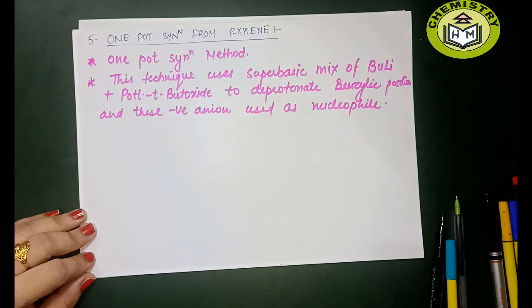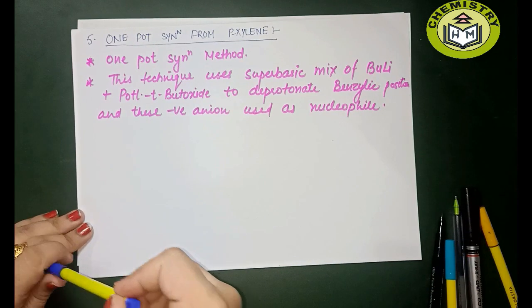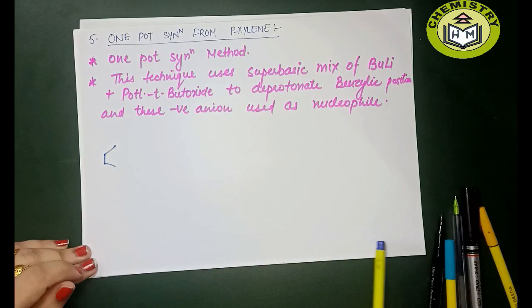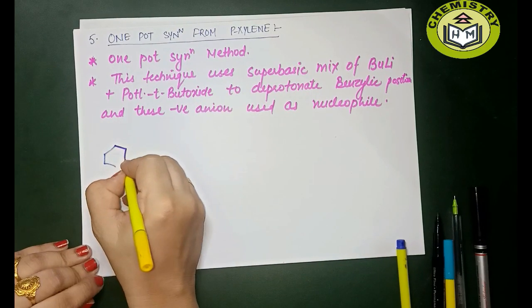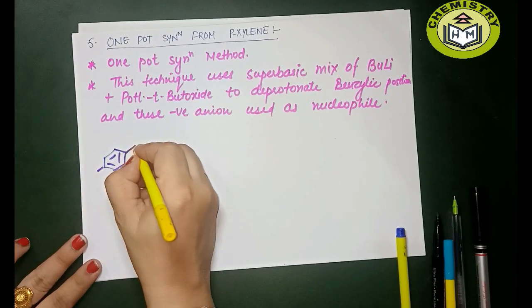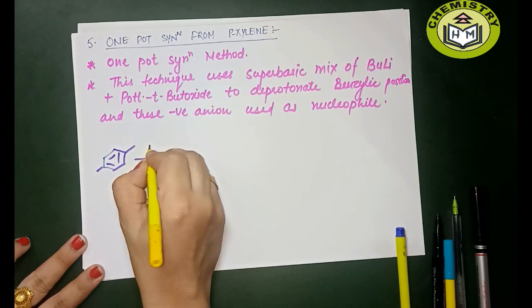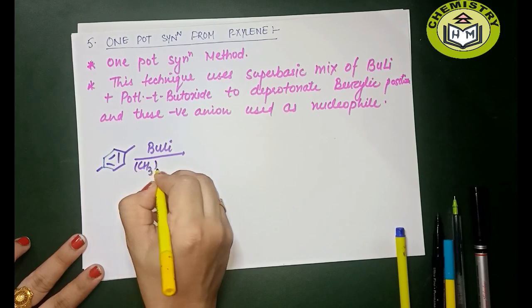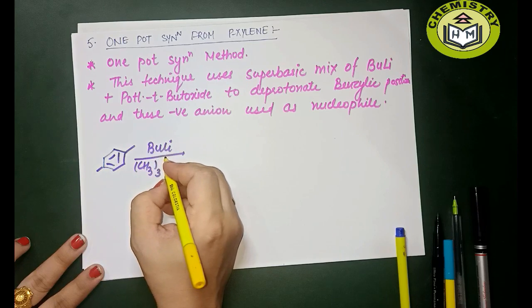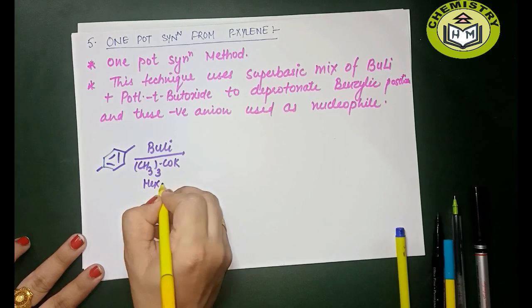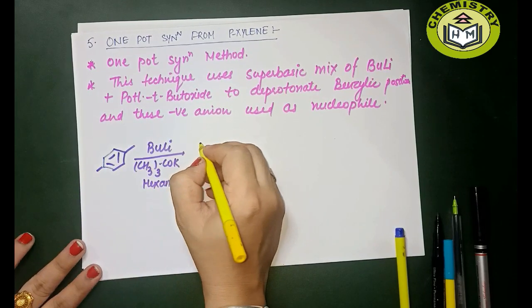Now we will do the reaction in detail, right. In this we have to take paraxylene in the presence of butyl lithium and potassium tertiary butoxide, okay, and hexane is our solvent for the reaction.